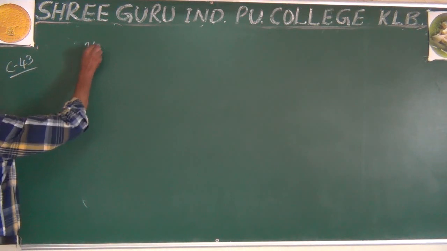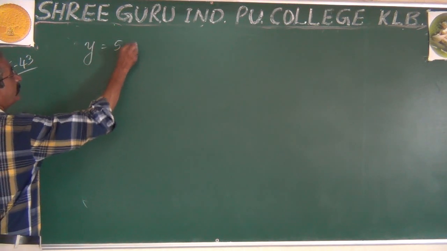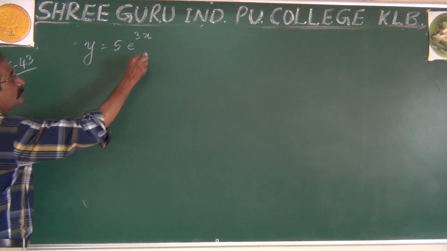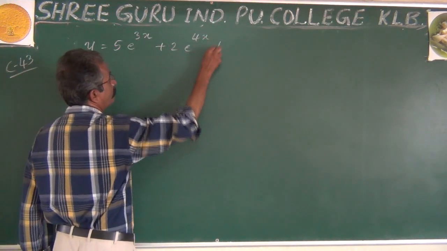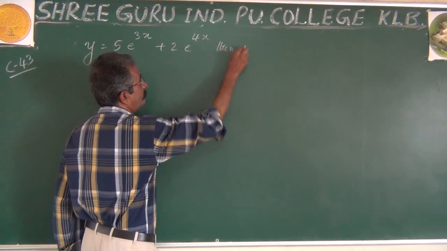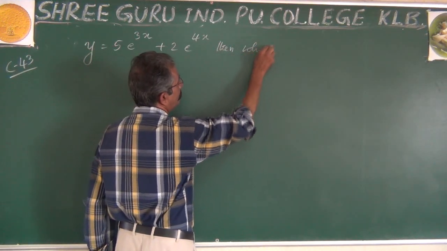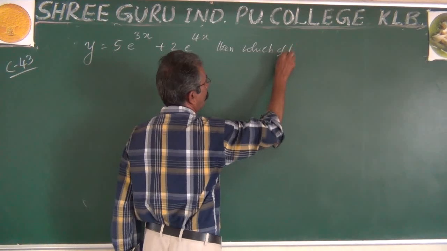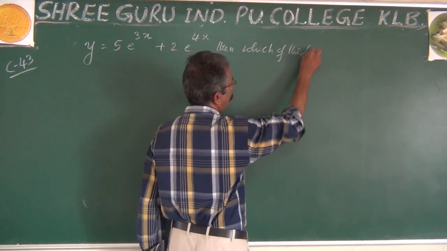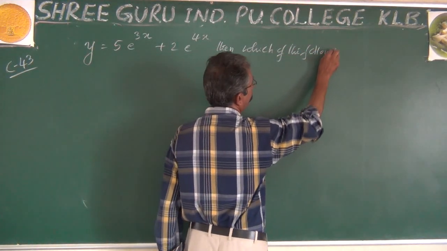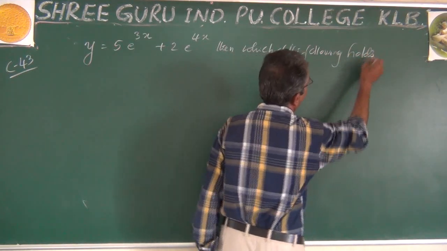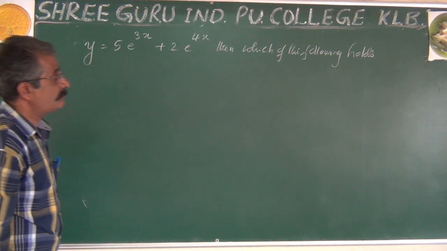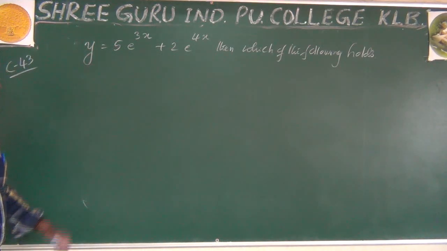If y equals 5 e raised to 3x plus 2 e raised to 4x, then which of the following holds? Which of the following holds means which of the following is true with respect to this function?